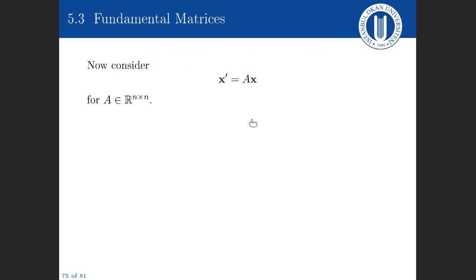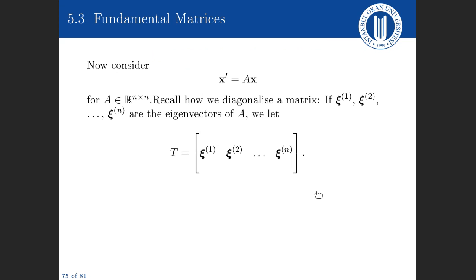Now consider x prime is equal to Ax for some square n by n constant matrix. And let me remind you how we diagonalize this matrix. If we have the eigenvectors of A, we write down the transition matrix capital T, where the first column is xi1, second column is xi2, etc. If the determinant of this matrix is non-zero, then T inverse exists, and T inverse AT gives us a diagonal matrix.